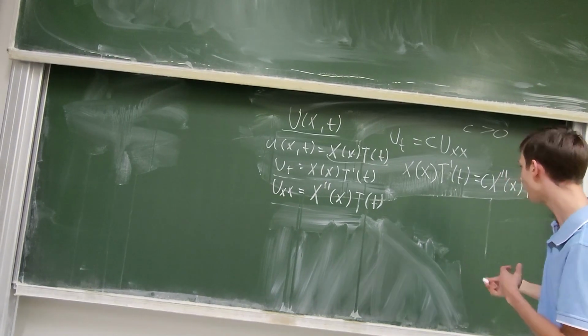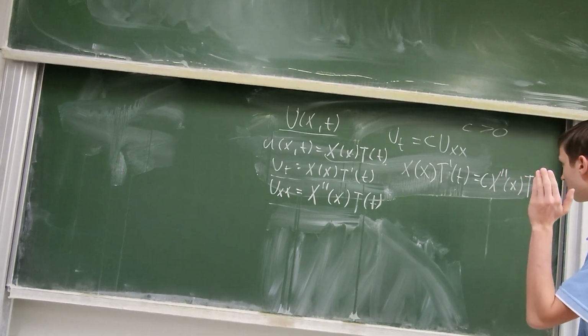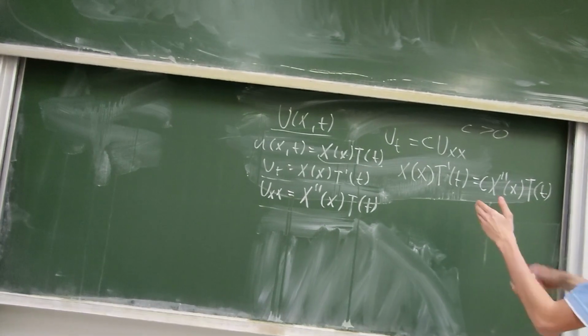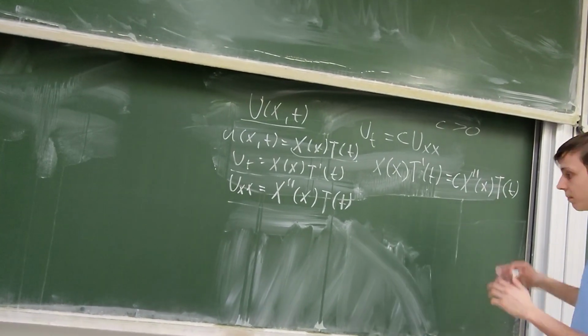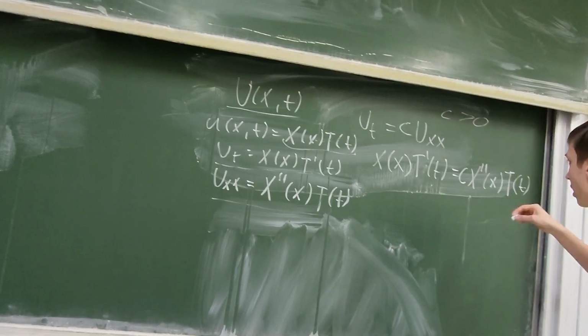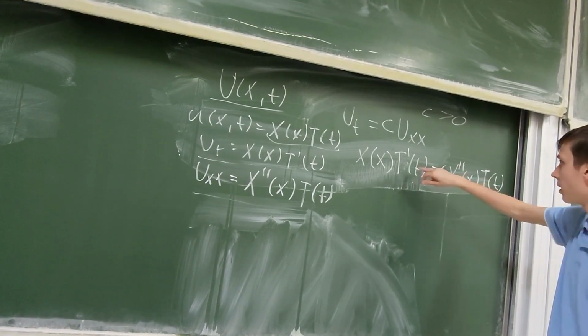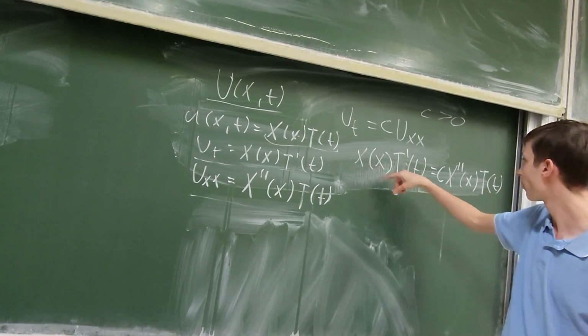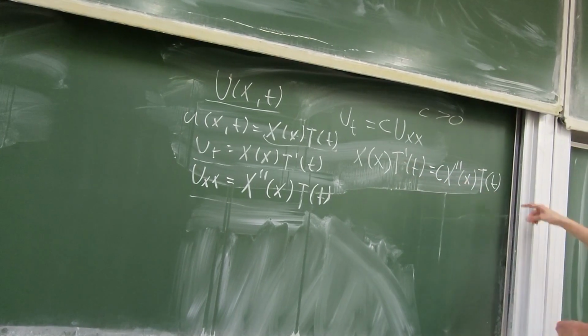And now I can solve in order to separate the variables. I want to get on one side all the functions in terms of x, and all the things in terms of t on the other side. That's why it's called separation of variables. I will choose to keep the derivative terms on top. That means I'll divide both sides by X of x and by T of t.